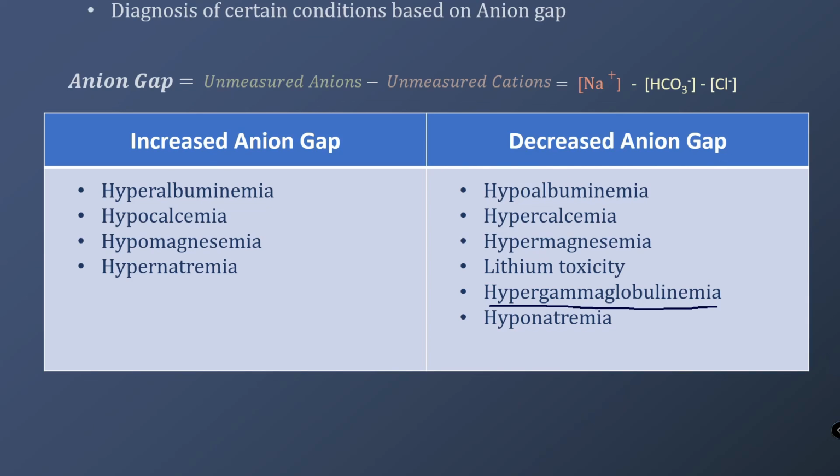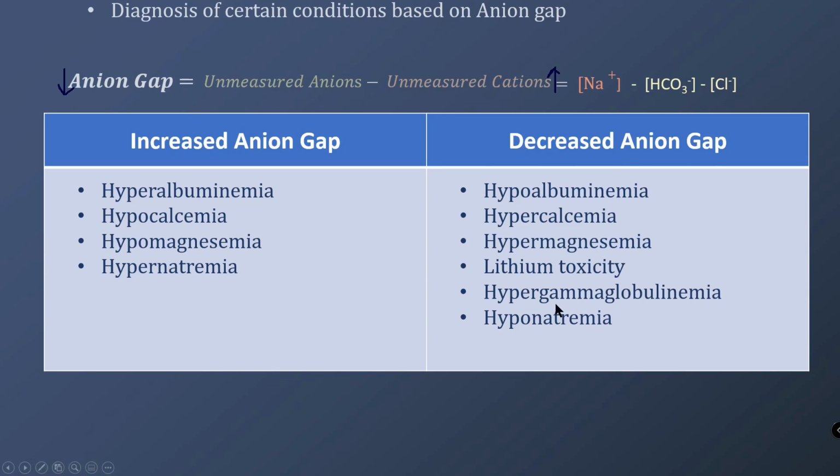Some plasma proteins are positively charged, and gamma globulins are those plasma proteins that are positively charged, that are cations, unmeasured cations, right? Because of the increase in unmeasured cations, anion gap will decrease, right?